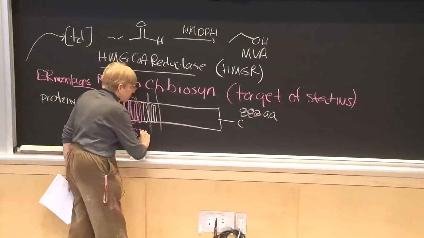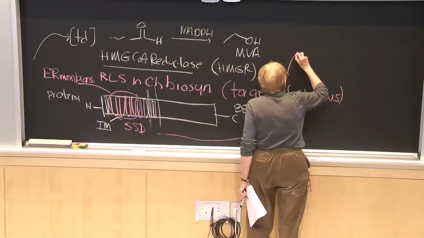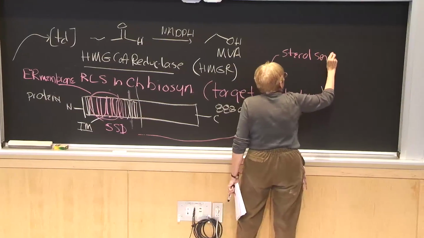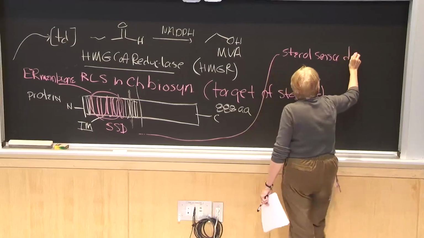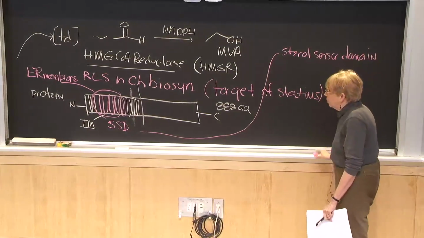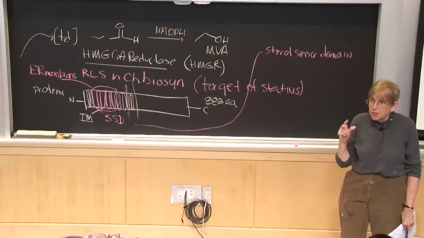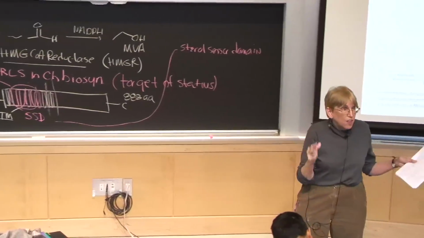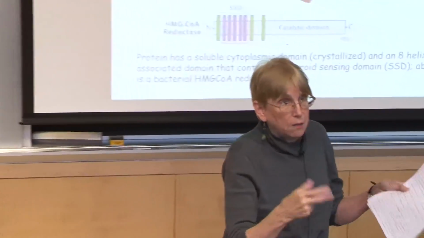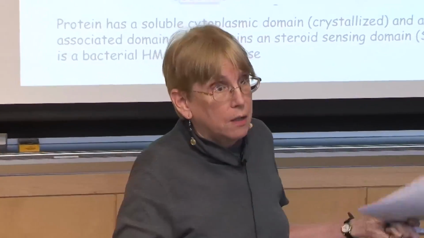And SSD is the sterol sensor domain, and we're going to come back to this when we start talking about homeostasis. We're going to see that there are other proteins that also have transmembrane helices that somehow bind and sense cholesterol that are going to help us control cholesterol levels.